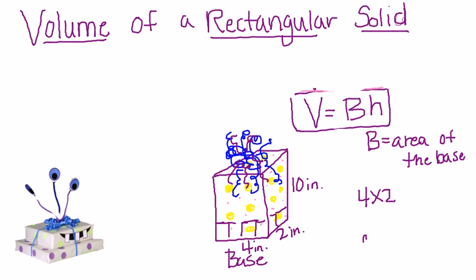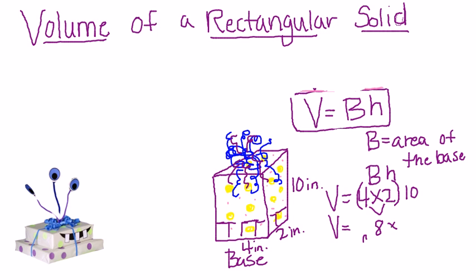So you started off well. Your big B is 4 times 2, and that's just the area of the base. Then you're going to multiply it, so that's why I'm using my parentheses, by the height, because here was the formula originally. And your height in this case, remember, is always the straight up and down, and your height here is 10. So you do 4 times 2 and you get 8.